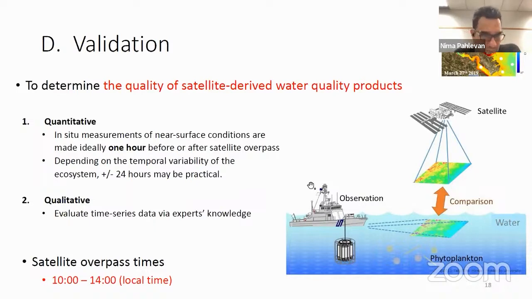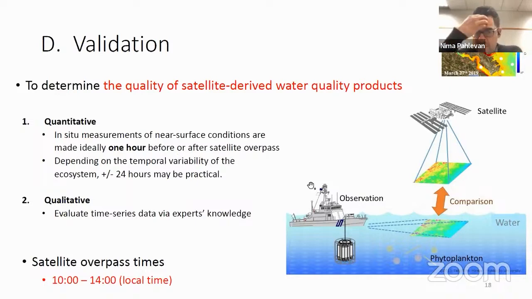Either you measure RRS if you have the radiometer and instrumentation, or if you don't, you take water samples to the lab and quantify chlorophyll A or TSS or other parameters. But water sampling has to be coordinated with the satellite overpass, so that your data collection and measurements are representative of what the satellite measures. In most cases, we recommend plus or minus 1 hour before or after the satellite overpass.